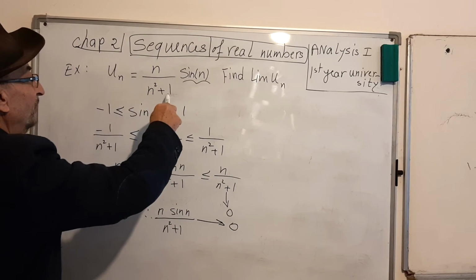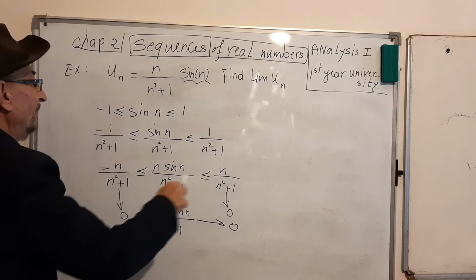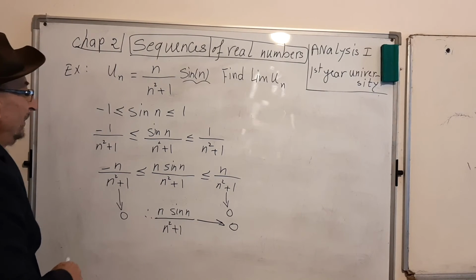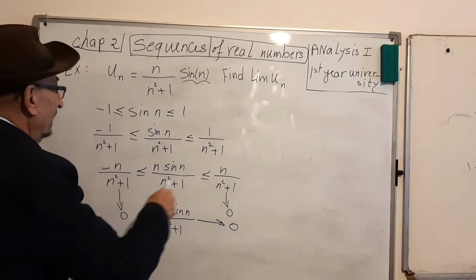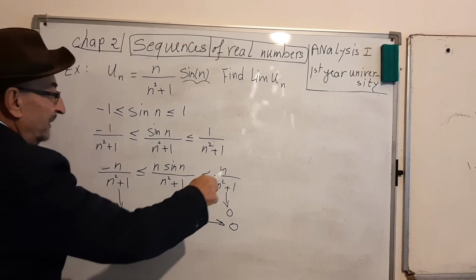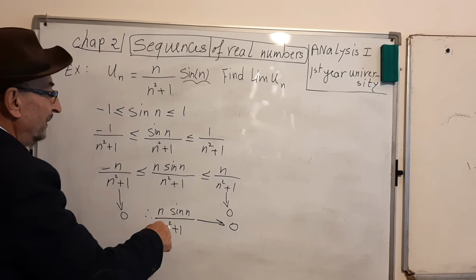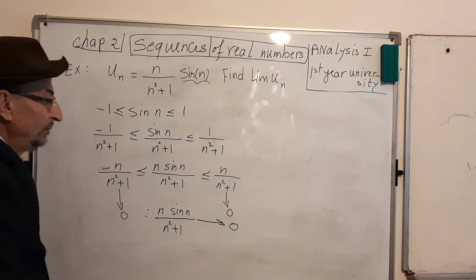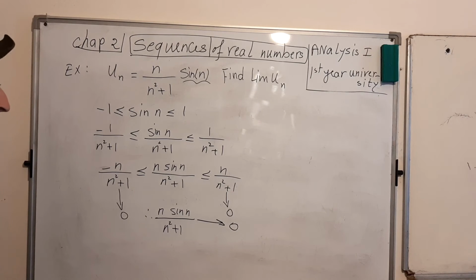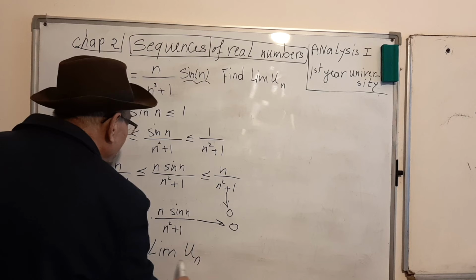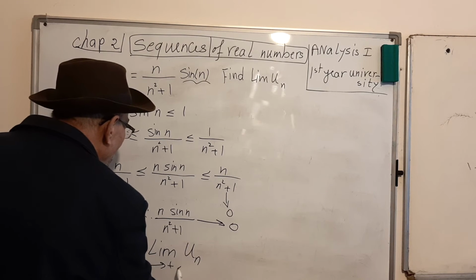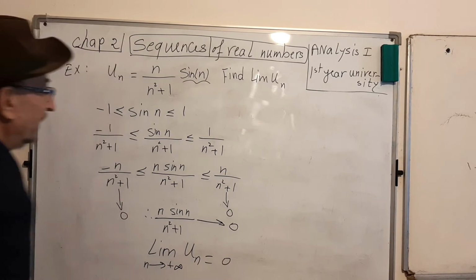N over n squared plus 1 times sine n is between two terms, each one tends to 0, then this quantity tends to 0. We can write the limit of un as n tends to plus infinity equals 0.